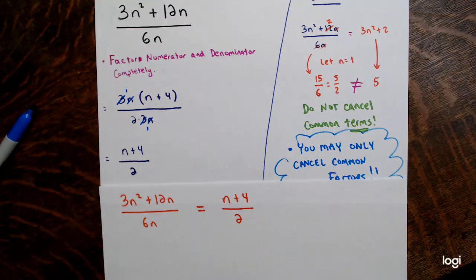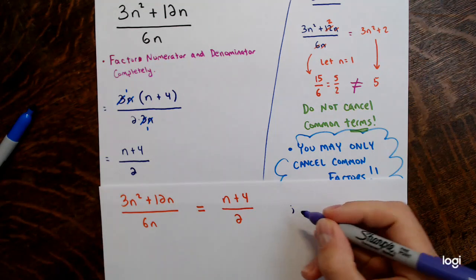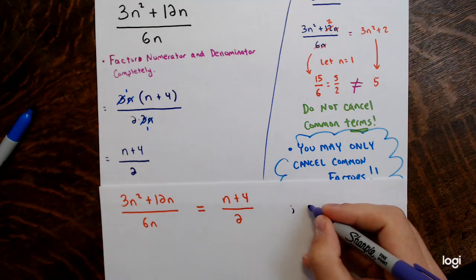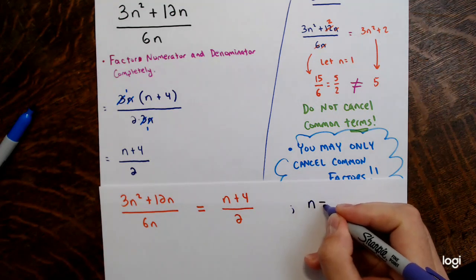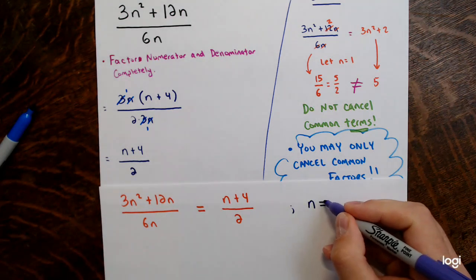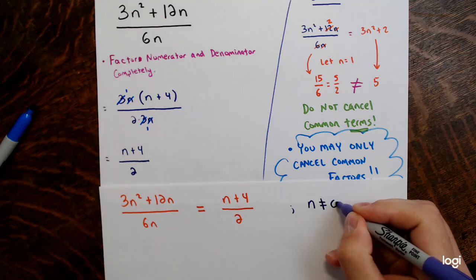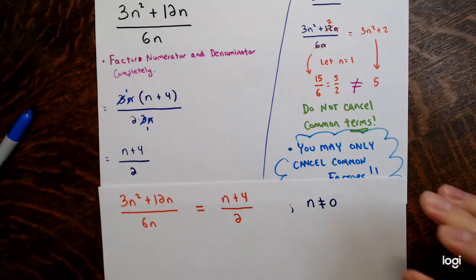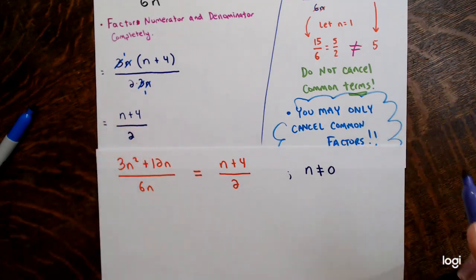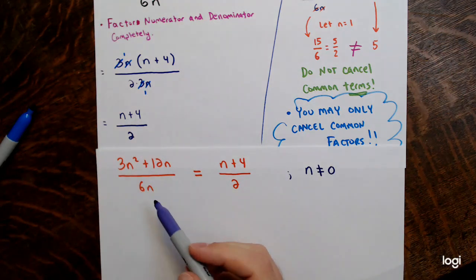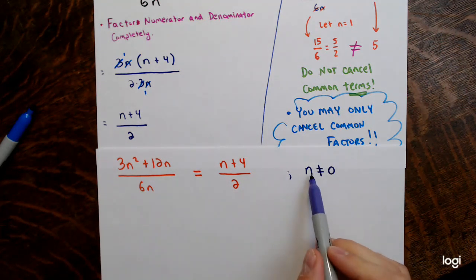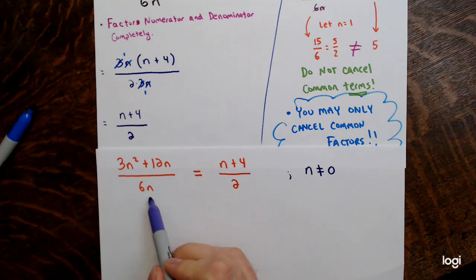But there's one value in particular where they're not, and that's when n is 0. So I'm going to put off to the side here, n cannot be 0. I also put up a video of this earlier, and you can check it out if you want. Remember, denominators can't be 0.